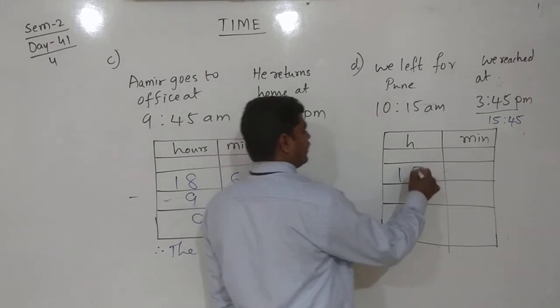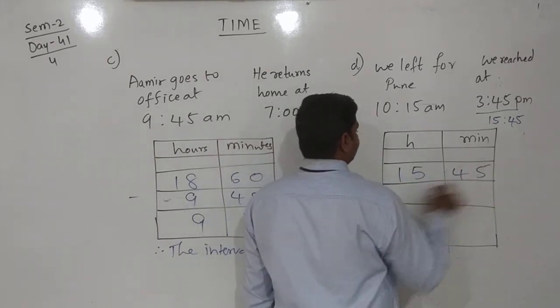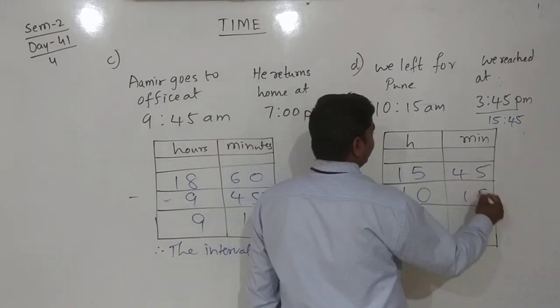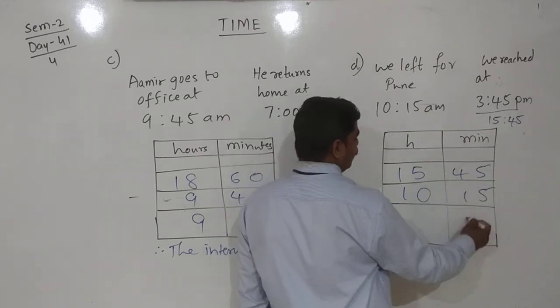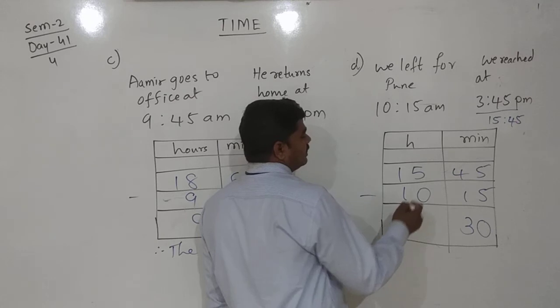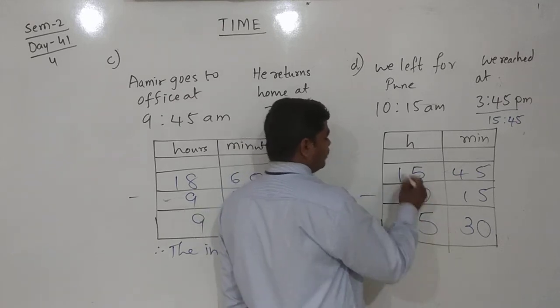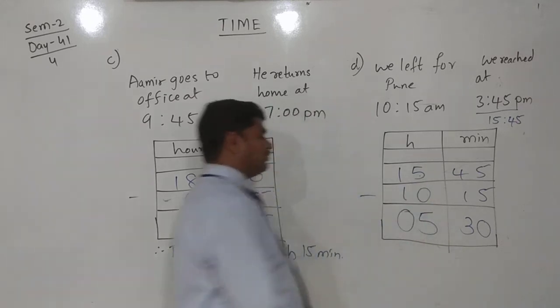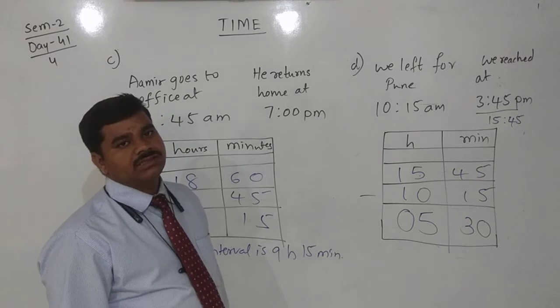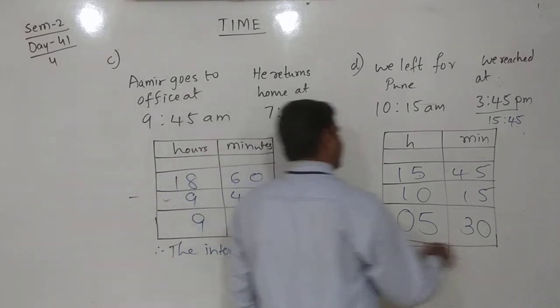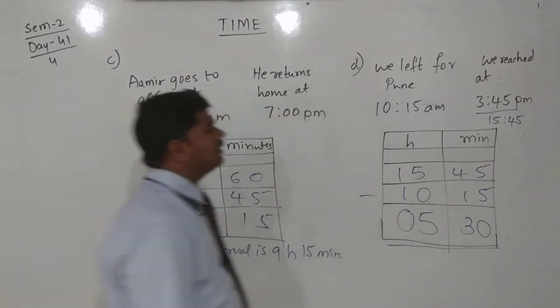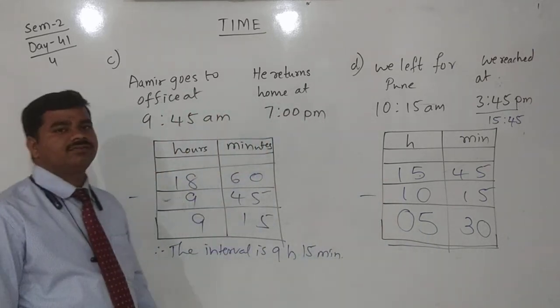Then 15:45 minus 10:15. 5 minus 5 is 0, 4 minus 1 is 3, 5 minus 0 is 5, 1 minus 1 is 0. So 5 hours 30 minutes. Simple, no?